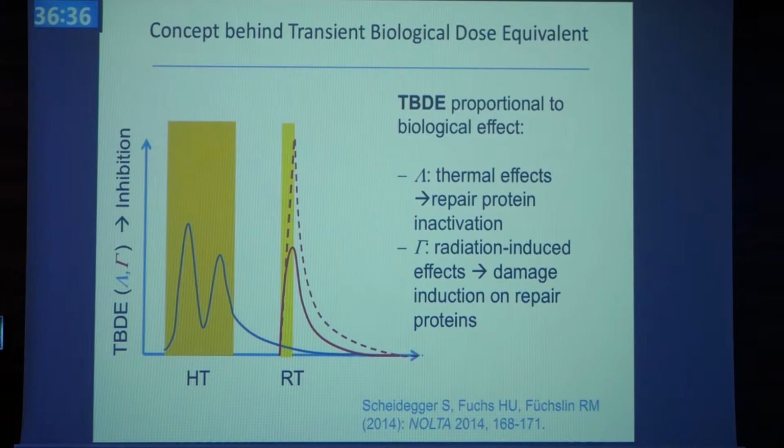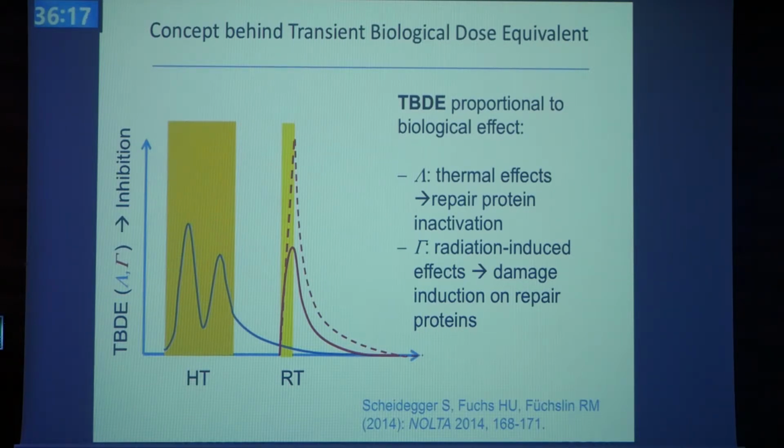In the multi-heat repair model, these two transient biological dose equivalents are intended to describe the repair capacity or repair inhibition of the biological system. So on the y-axis you have, in principle, the strength of inhibition.